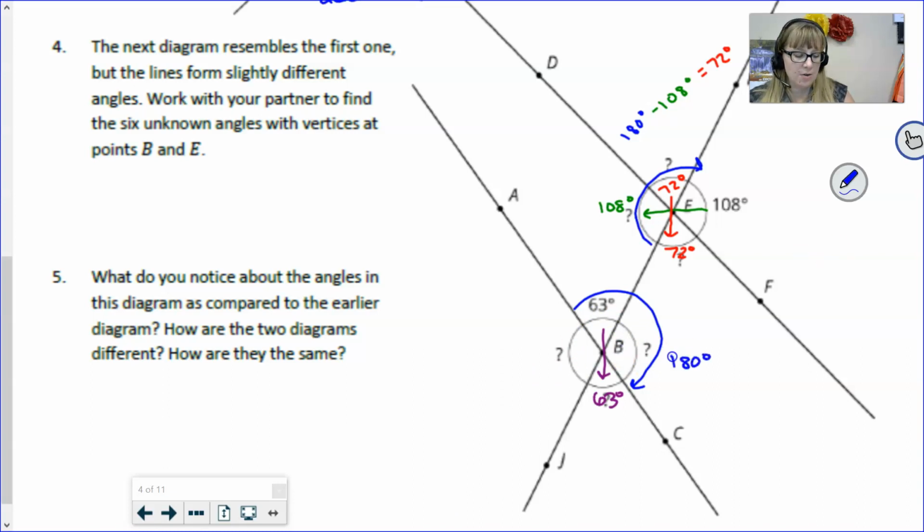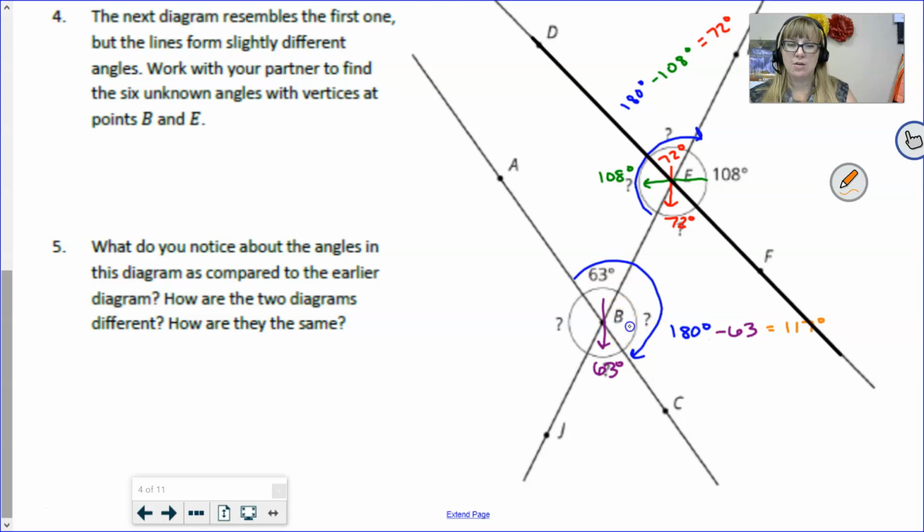So 180 degrees minus the 63 degrees is equal to 117 degrees. Knowing that, again, vertical angles are congruent, I can easily find the measure of this other angle, 117 degrees.